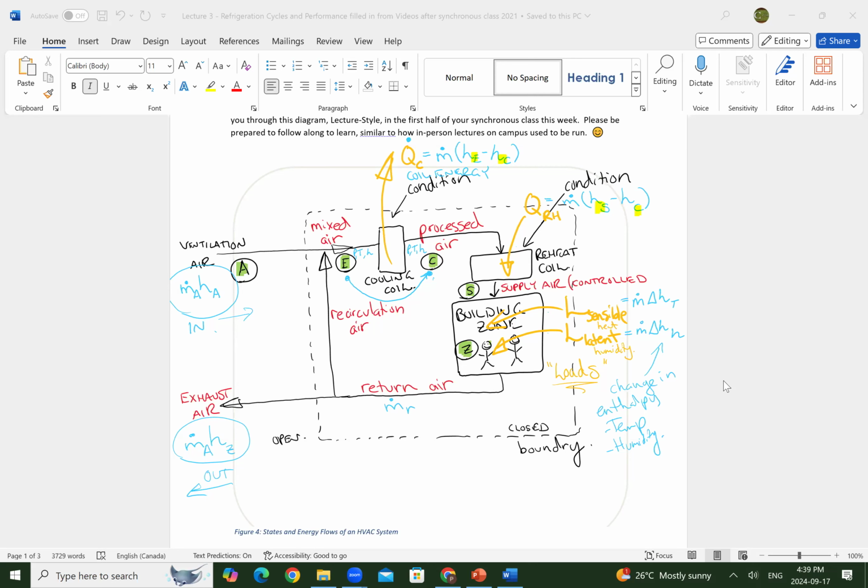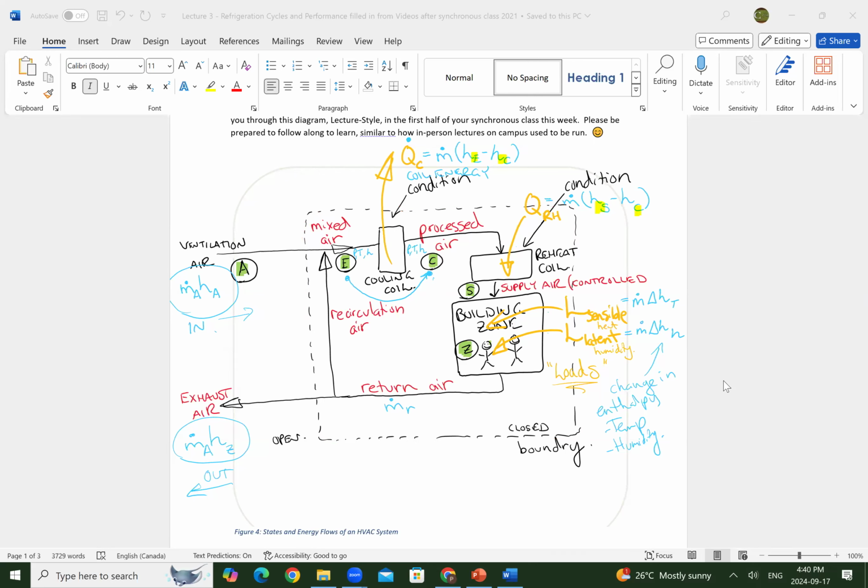In any thermodynamics problem, you know from me that all thermodynamics problems have to be dealt with within a boundary. So the boundary that we have drawn here for our thermodynamic system is a closed boundary that we're doing thermodynamics on. And it can be defined here with these dotted lines.